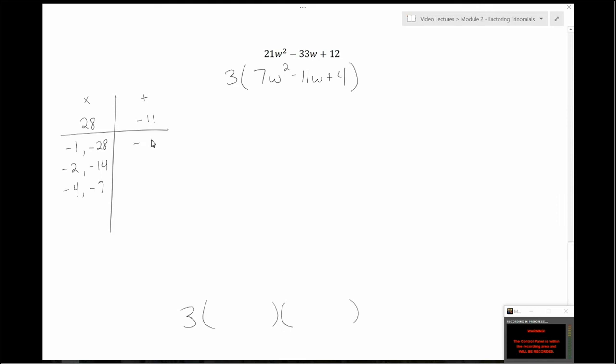I know I've hit every single one. So now I start adding. And I've got my pair. So that 3 is just going to sit on the outside for now. And I have 7w squared minus 4w minus 7w plus 4.